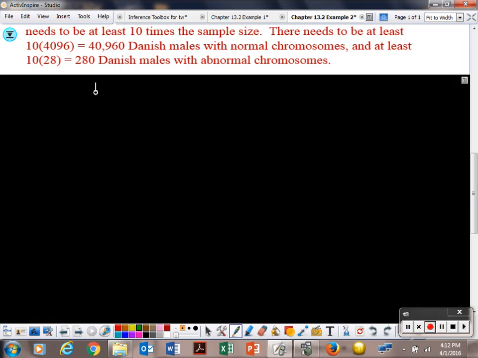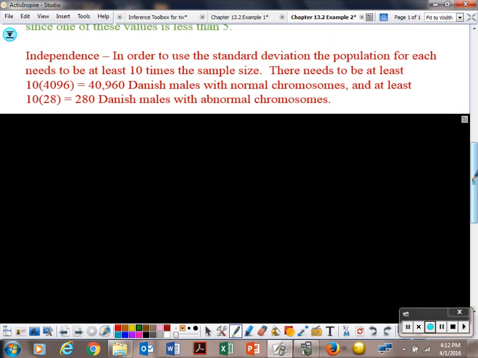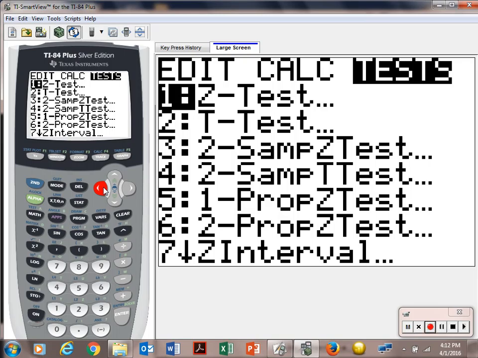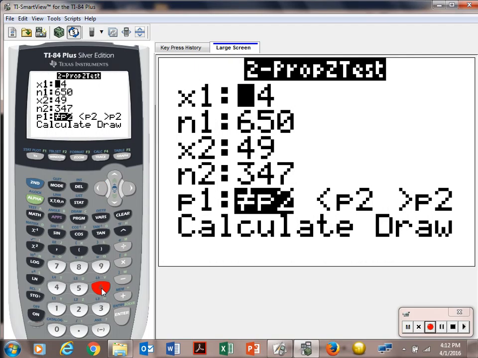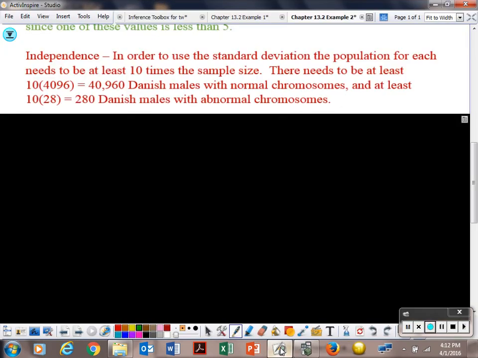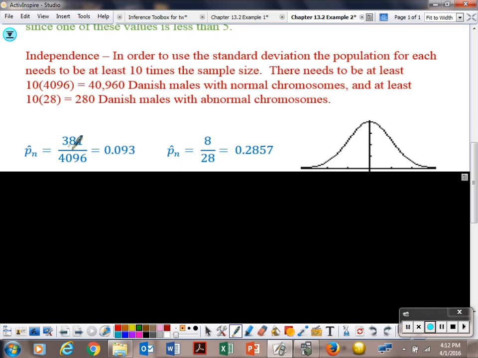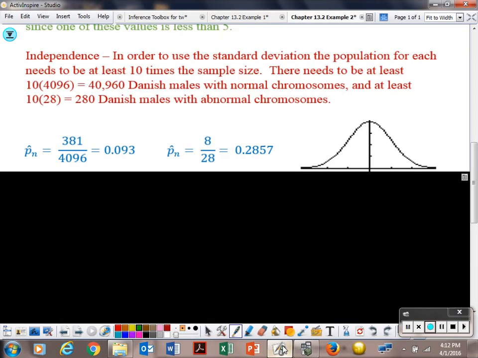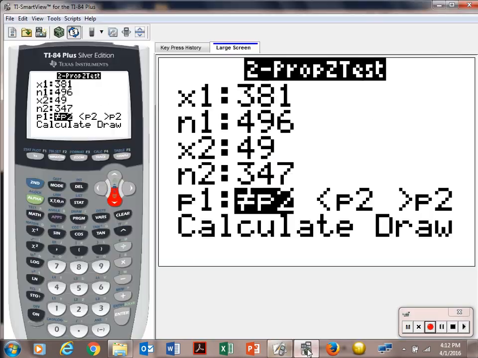Okay, going through the math. Again, put the data into your calculator. So again, stat test. This is number 6. All right, plug the numbers in. So again, 381 and 4,096, 8 and 28.